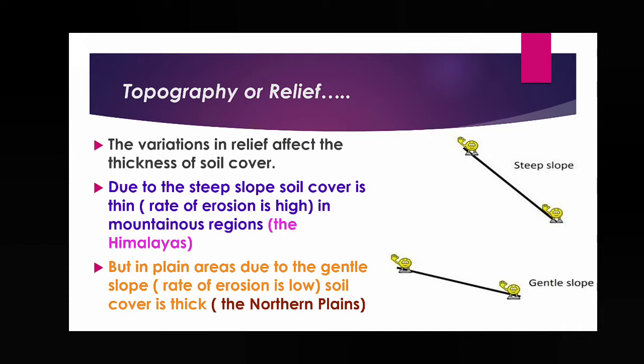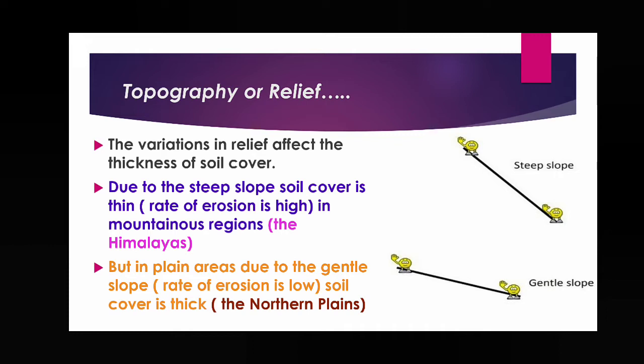Thickness means, just guess, there are two diagrams present, steep slope and gentle slope. Now you tell me in which slope the soil erosion will be less by the rainwater.